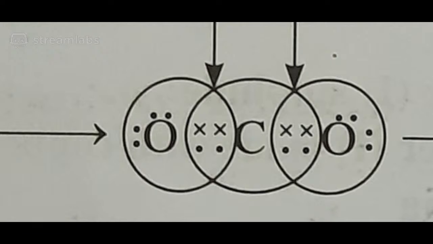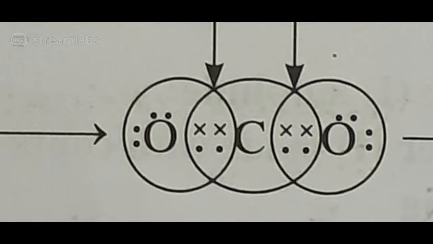Now, oxygen, in order to attain octet structure, one of the oxygen atoms shares 2 electrons with the carbon. In the same way, the carbon is not completely filled, so the other oxygen atom shares 2 electrons with the carbon atom.